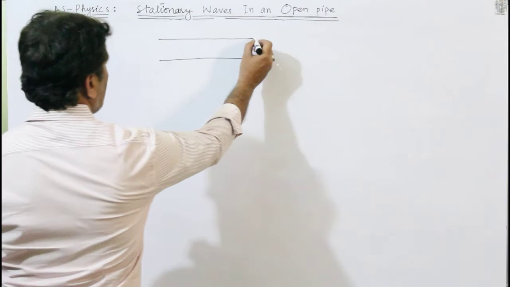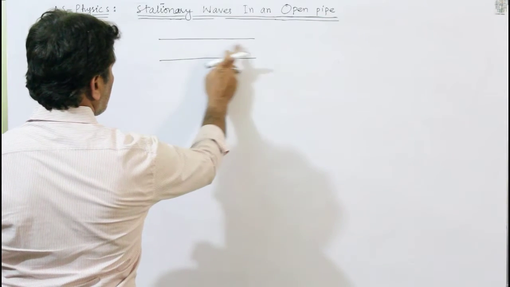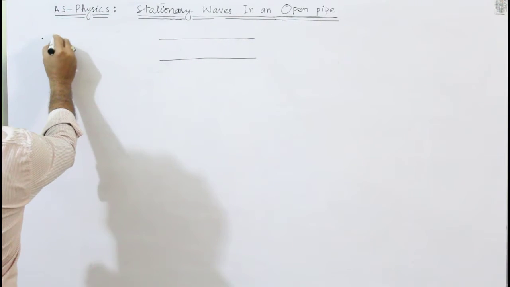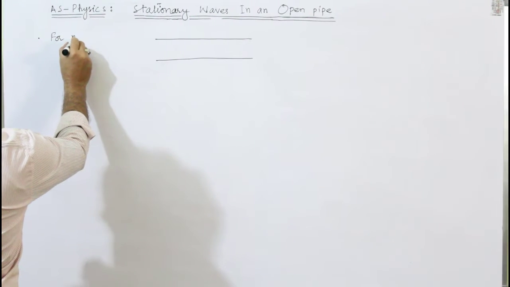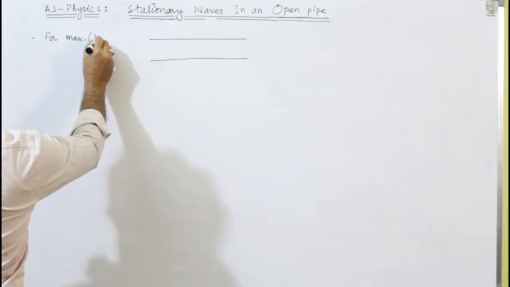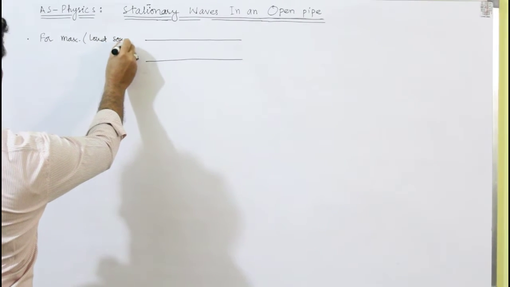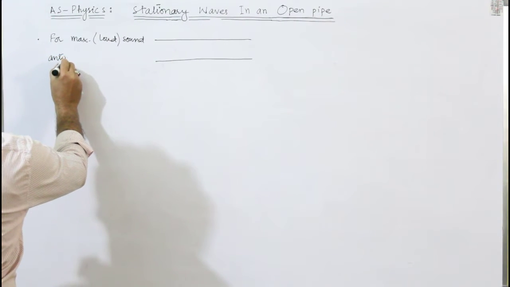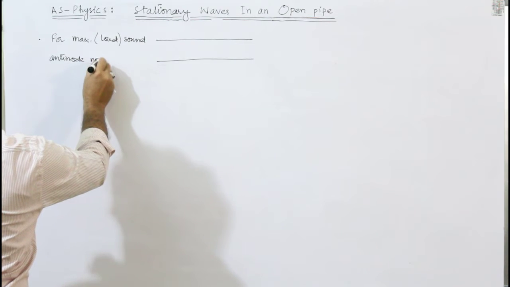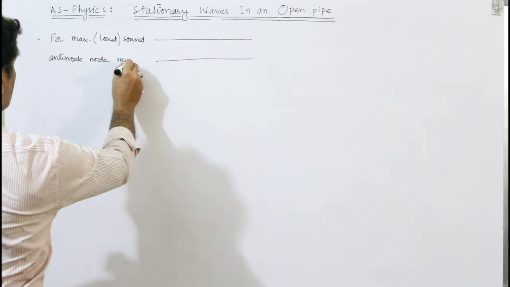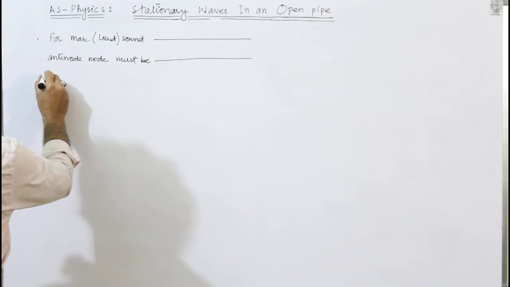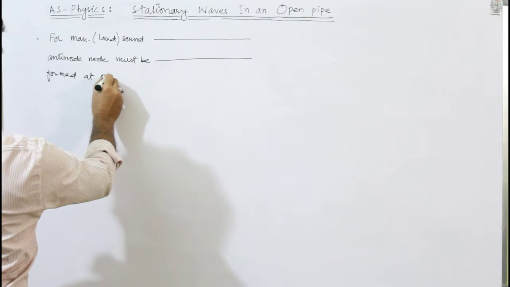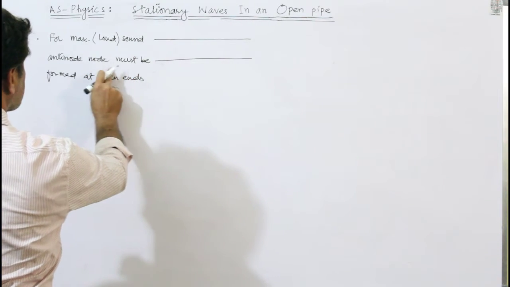And for the loud sound, it is necessary the antinode will be formed at the open ends for maximum or loud sound. Antinode must be formed at open ends.